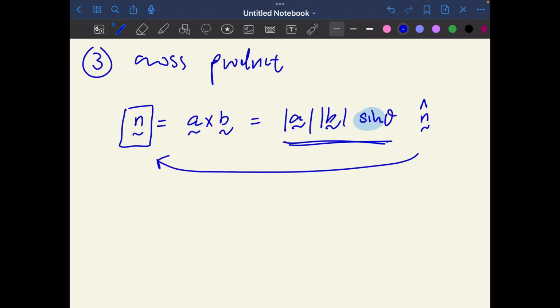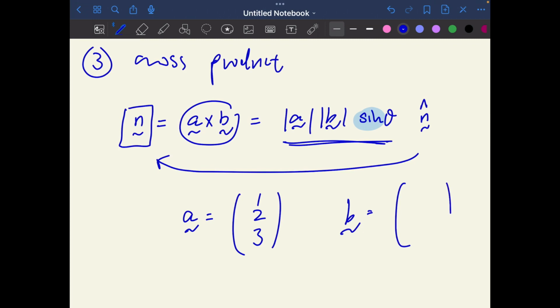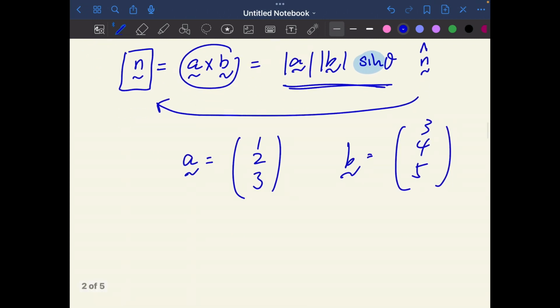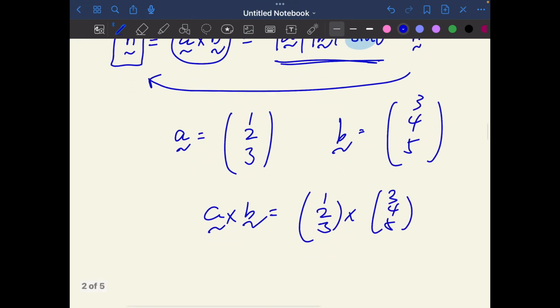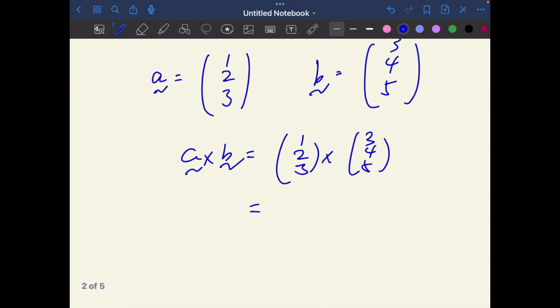Let's move on to the algebraic expansion of a cross b. If a is 1 2 3 and b is 3 4 5, a cross b, which is 1 2 3 cross 3 4 5, uses a crisscrossing method.